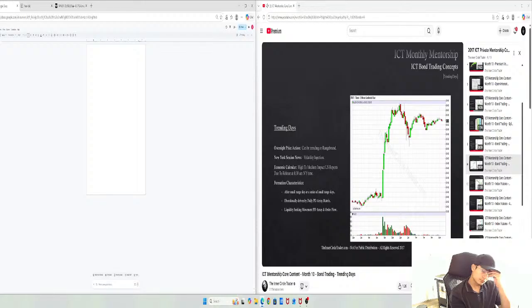And if you couple that with the fact, for instance, if these small ranges have just recently traded down into a discount array, and the economic calendar is calling for high to medium impact news reports at 8:30, we're expecting volatility injection, so we have the stage set for an expansion from discount to premium.